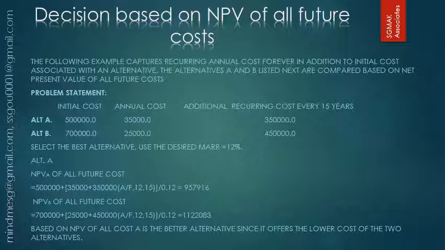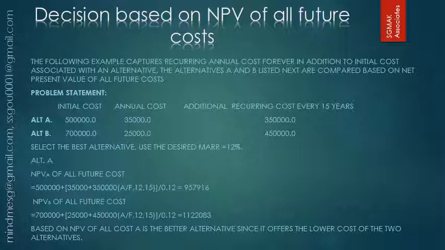Following the same reasoning for alternative B, we have an initial cost of $700,000 plus, first, the equivalent uniform annual cost, which is given by 25,000 plus 450,000 multiplied by the factor converting the future cost to an annuity, A over F, 12 and 15. Then the total annual cost is divided by the interest rate to get the present value.